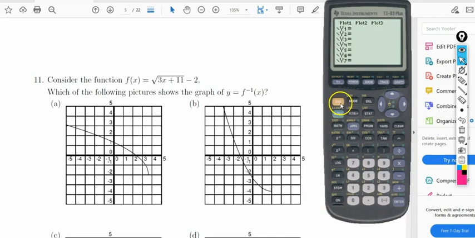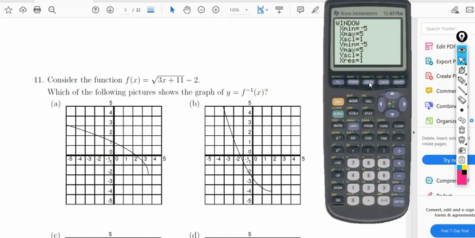All right, so I've got the square root of 3x plus 11, and then minus 2. Now, I'm going to go to my window, and I want the same window that they're using for these answers. So x-min will be from -5 to 5, and the y-min is going to be from -5 to 5, min to max.